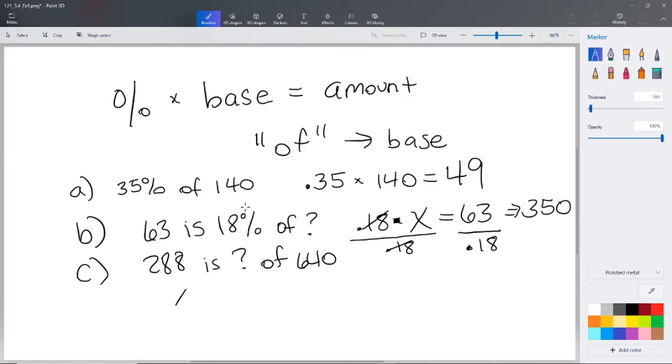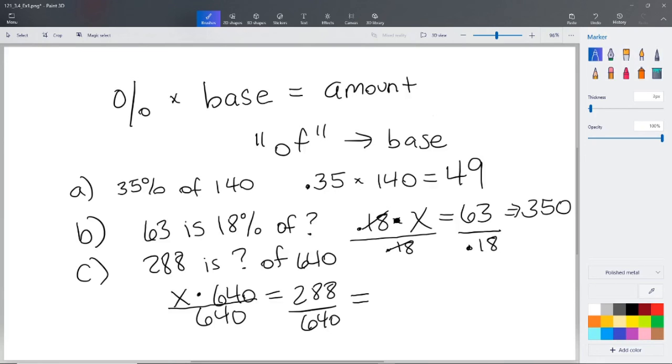Again, let's call that X, times 288 is our amount, 640 is the base, because again it follows the of, equals 288. And just like in the last one, we're going to divide this 640 out. And so our answer is going to equal whatever 288 divided by 640 is.